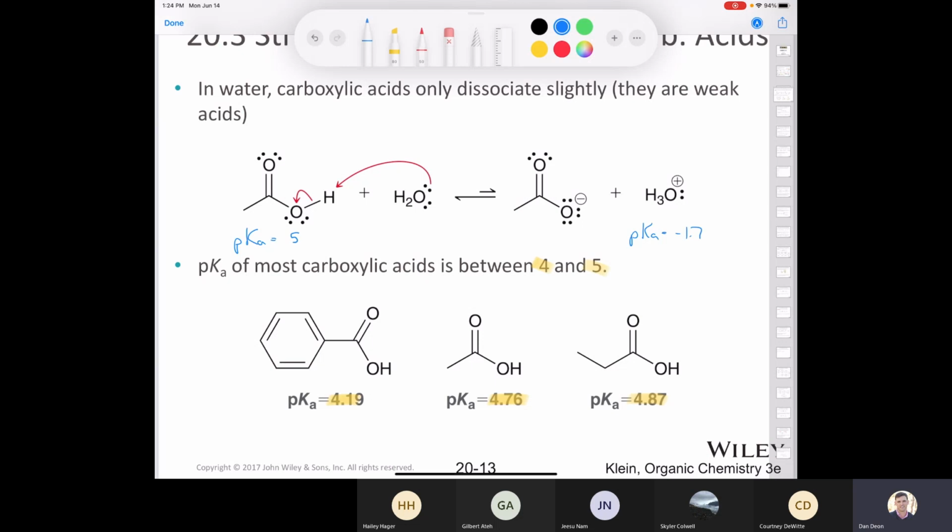Well, the equilibrium is going to lie hard to the side of the weaker acid. So this is our weaker acid. And so when you put a carboxylic acid in water, it only dissociates slightly. It doesn't ionize completely like sulfuric acid or hydrochloric acid, which are strong, powerful electrolytes. It's only going to dissociate partially, just a little bit.